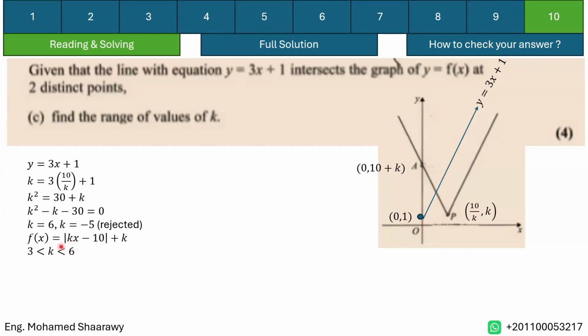Since f of x is equal to kx minus 10 plus k, this k, as you can see, is the coefficient of x, and as you know, the coefficient of x is the slope of the line. So the extreme position will be when this k equals 3 and the slope is also 3. This is my second extreme position. So I need my k to be in between these two extreme positions, in between 3 and 6.